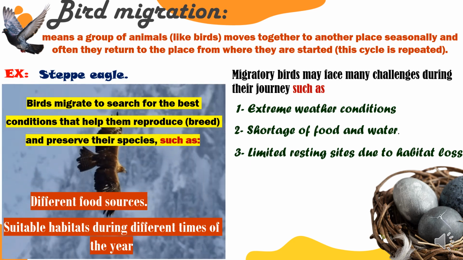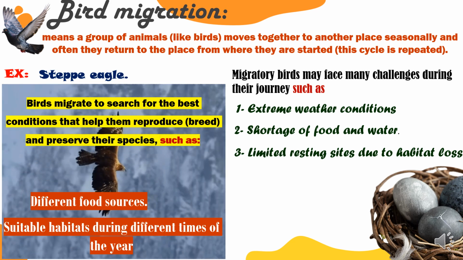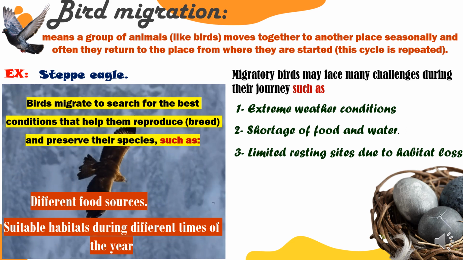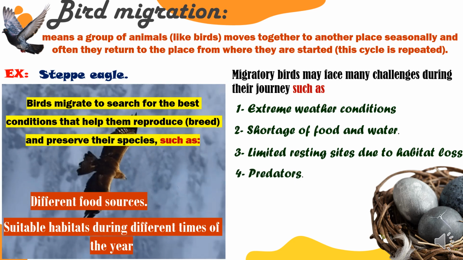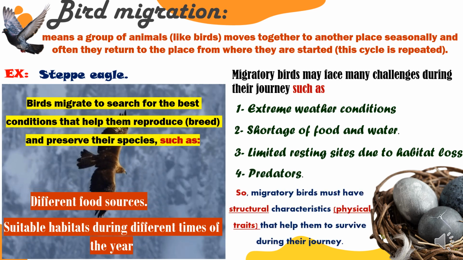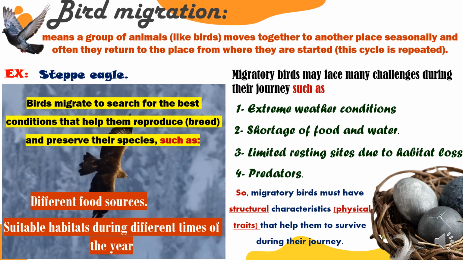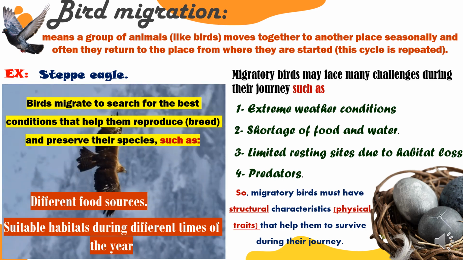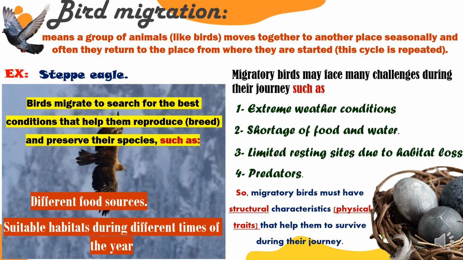And habitat loss, if you can remember from the last year, means the destruction of the habitat due to pollution. Number four, predators. So, migratory birds must have structural characteristics or properties or traits that help them to survive during their journey.